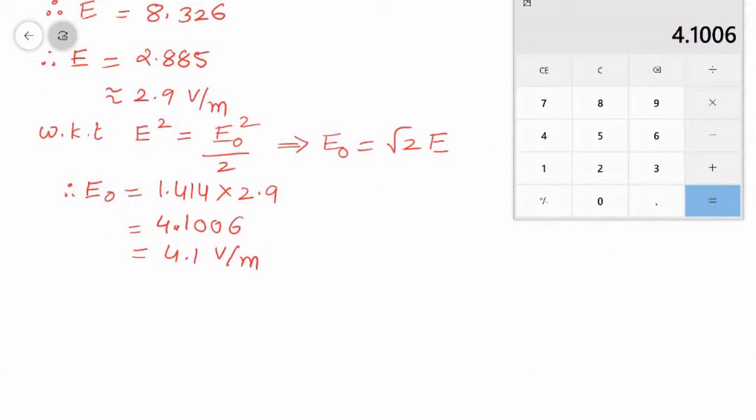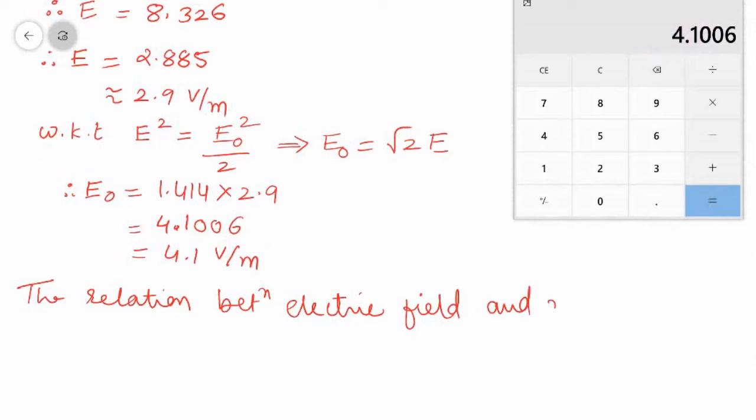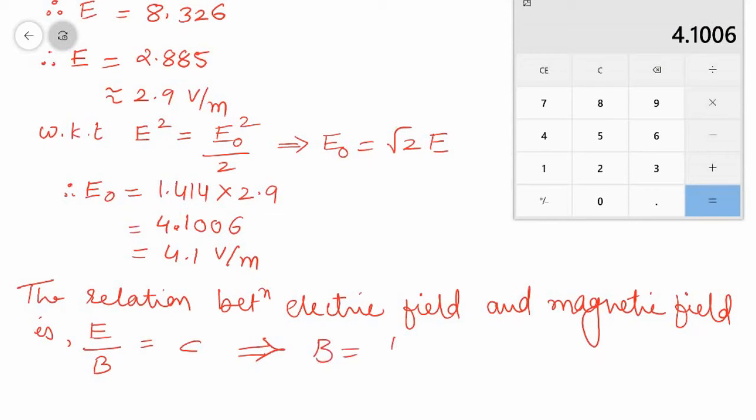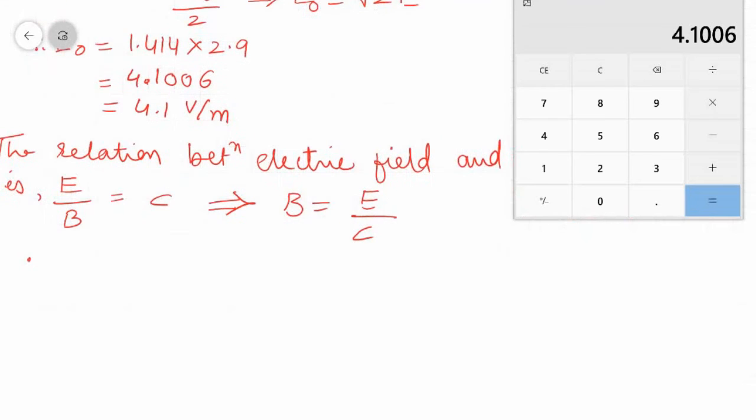Now we know that the relation between electric field and magnetic field is E by B equal to C. So this implies that B will be equal to E by C. So therefore B will be equal to E, which is 2.9, by 3 into 10 raised to 8.